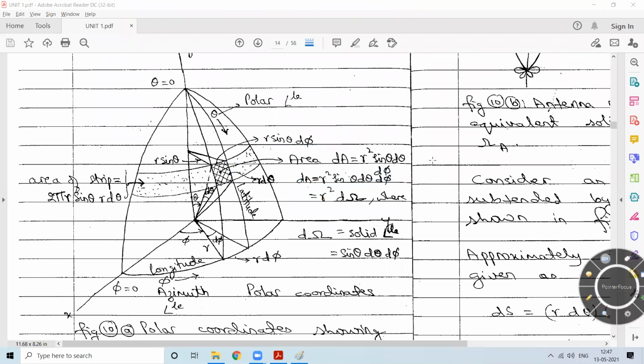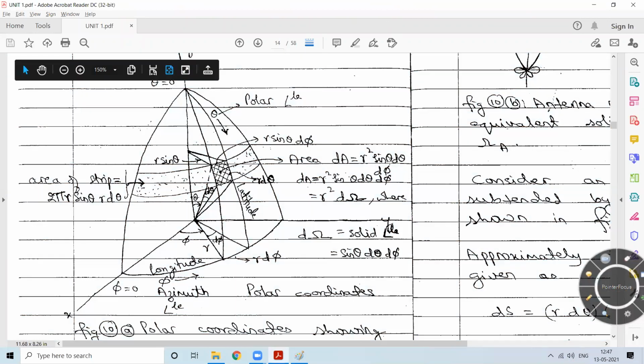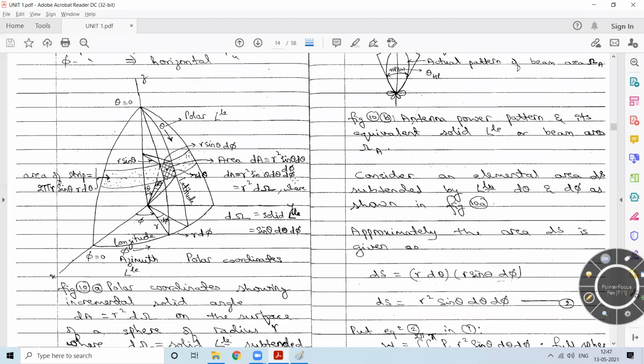R square sine theta d phi. So this is a small elemental area on the surface of the sphere, which is given by r square sine theta d phi.